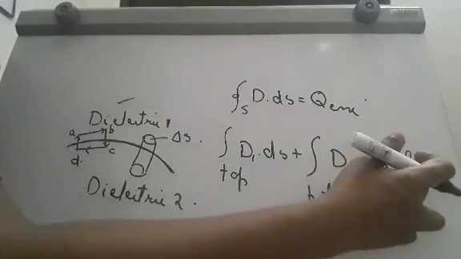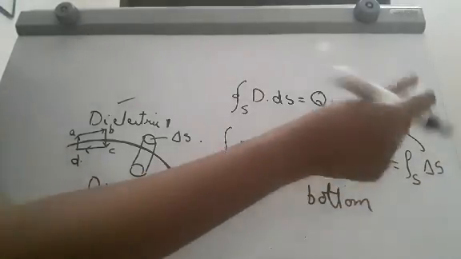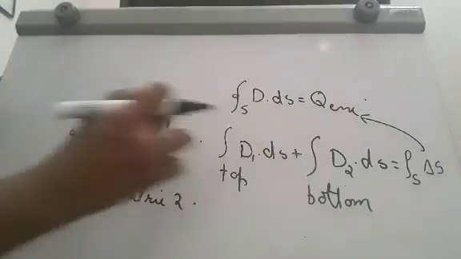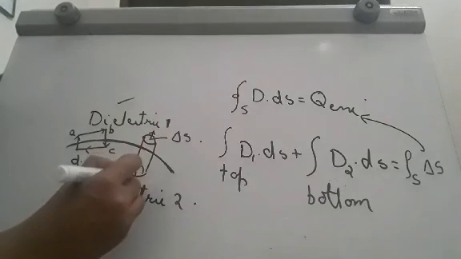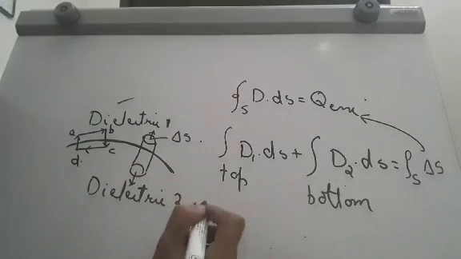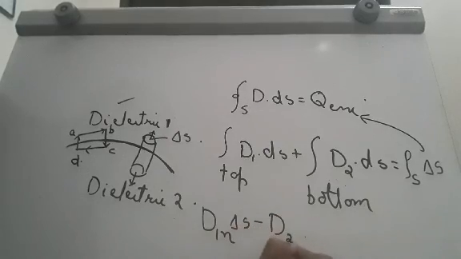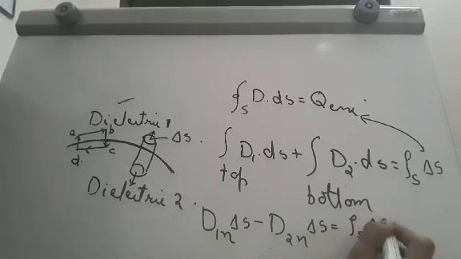So this will be the charge enclosed itself. So we can write D1 and D2 as normal components because the flux coming out will be normal. So D1n into delta s minus D2n, because of opposite directions so it is negative, into delta s is equal to rho s into delta s.